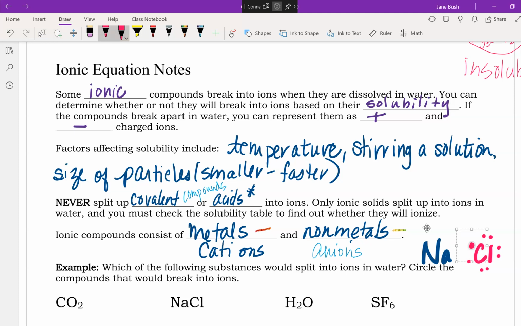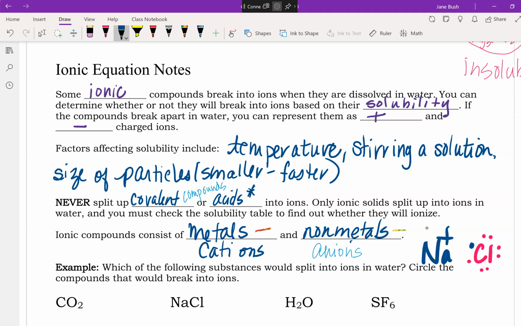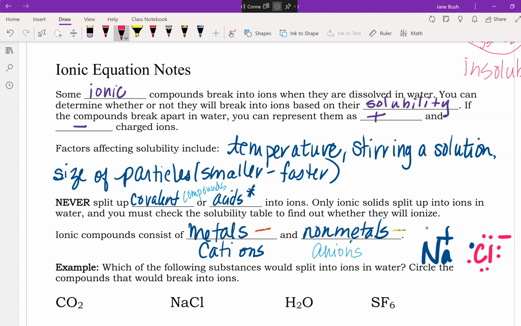Now, when he does that, he becomes positively charged, and the chlorine is now negatively charged. And that's what holds an ionic compound together. That's why water, because it has a positive end and a negative end, can dissolve ionic compounds. If the water pull is stronger than the plus-minus, it'll dissolve it. If it's not stronger, then it won't dissolve it.